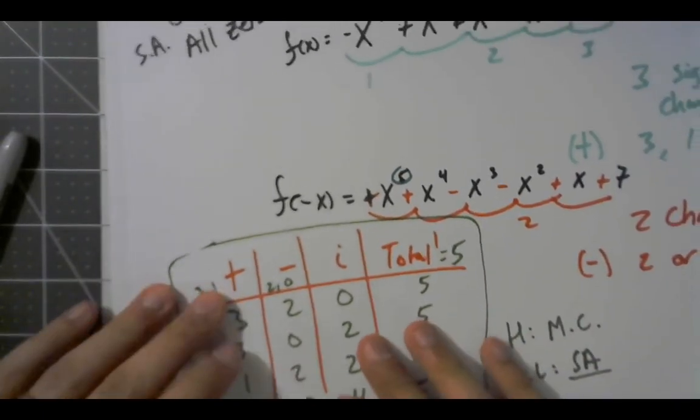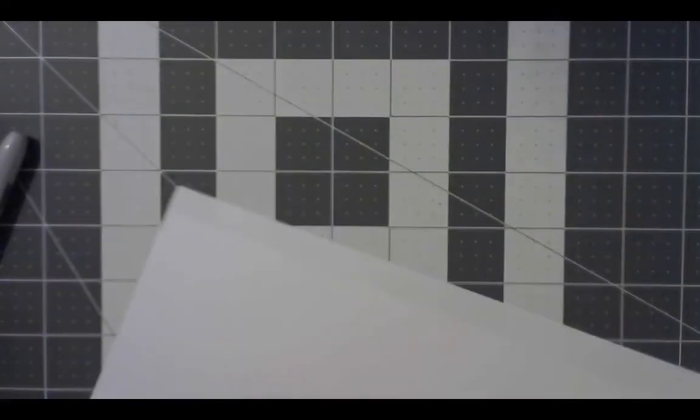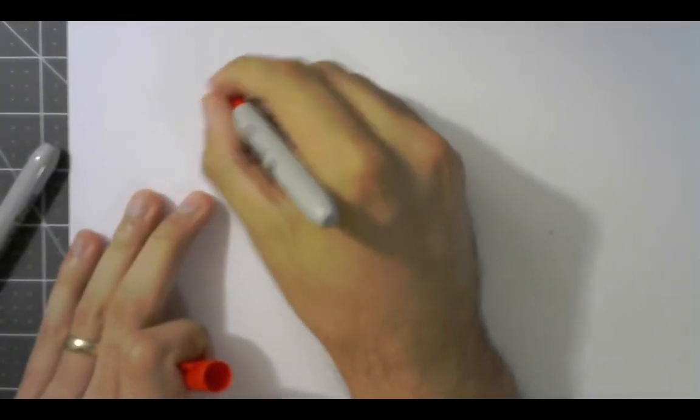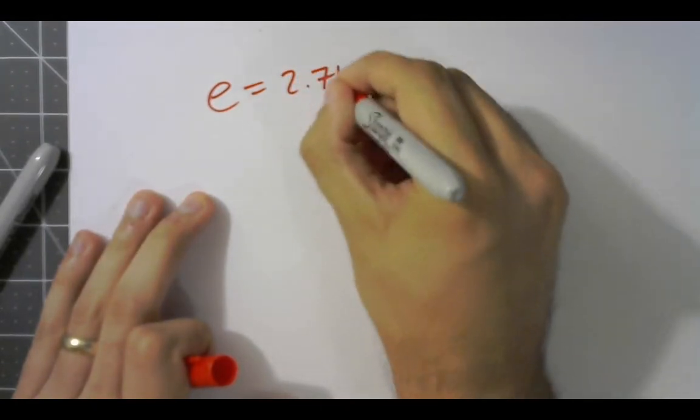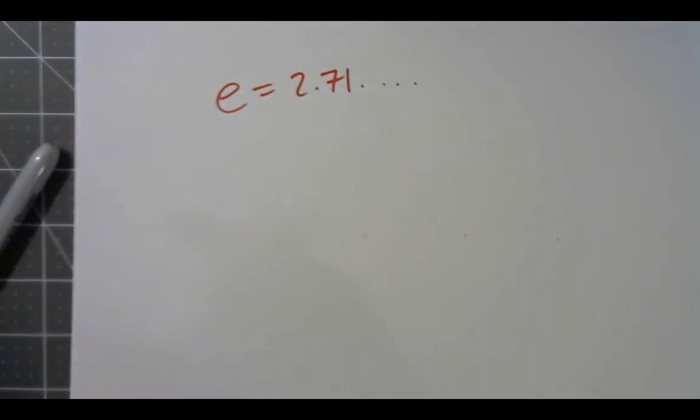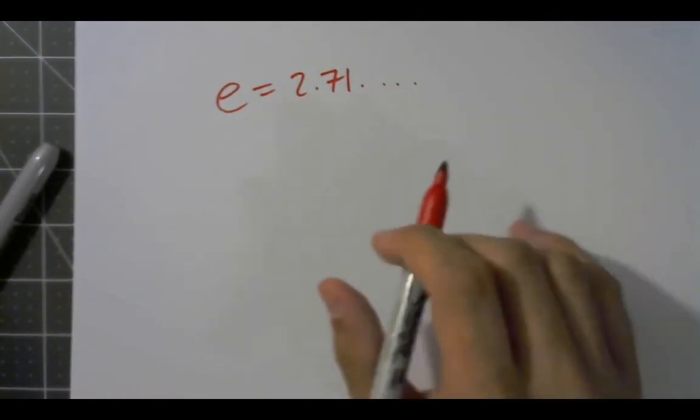I had another request to go over natural logs. Natural logs can be tricky. They're not really any different. So if you get logs, then you're good. E is a big number, 2.71 and a bunch.